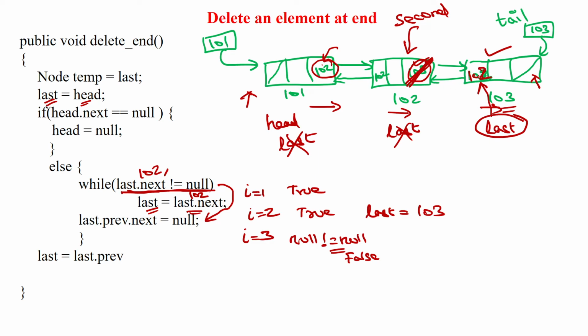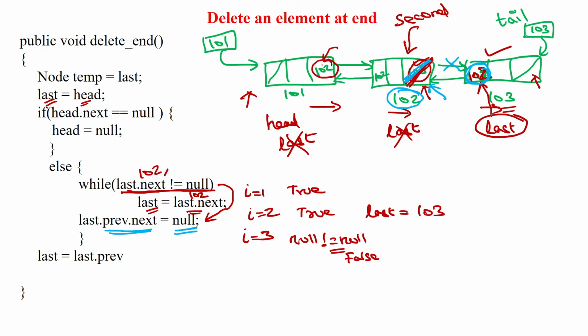Okay, last dot previous dot next, this field, will be made null. The 102 is this one, that next. So last dot previous dot next is made null. So automatically this node is made null. So this will be deleted.